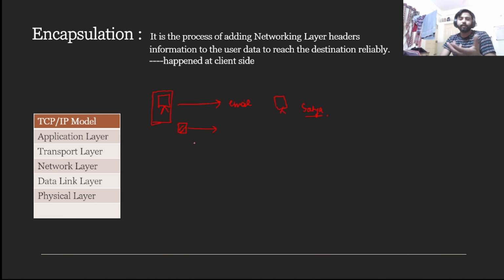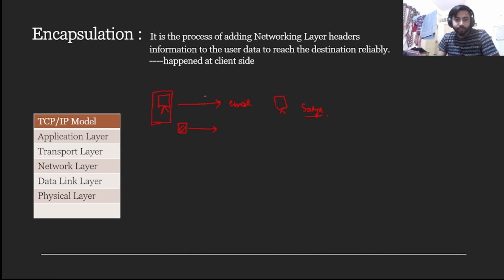I cannot send it directly, right? I need protocol information, I need header information, I need to give an IP address, I need to provide my information, like what MAC address my PC is holding. All these things have to be encapsulated in the main data, which is this image.